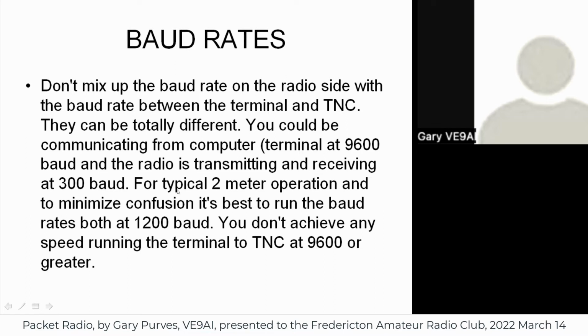For a typical 2-meter operation, it's best to run the baud rates at 1200, because that's what goes out of your VHF radio. So you might as well have it 1200 between your computer and your TNC or sound card. You don't achieve any speed running the terminal to the TNC at 9600.